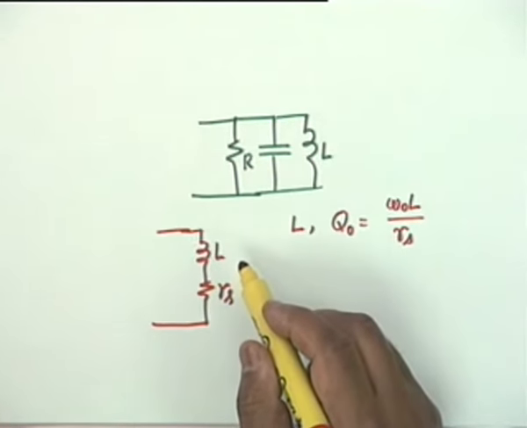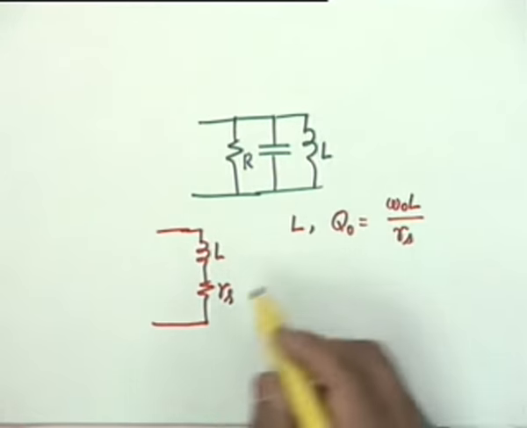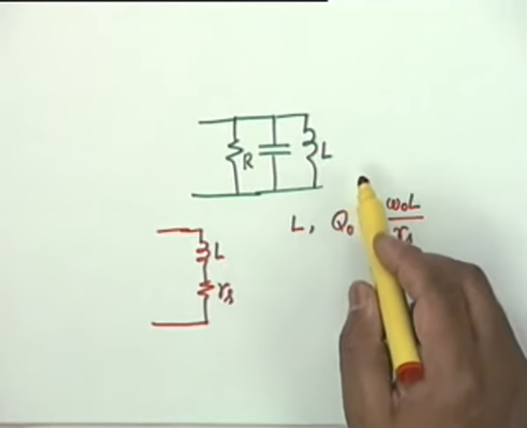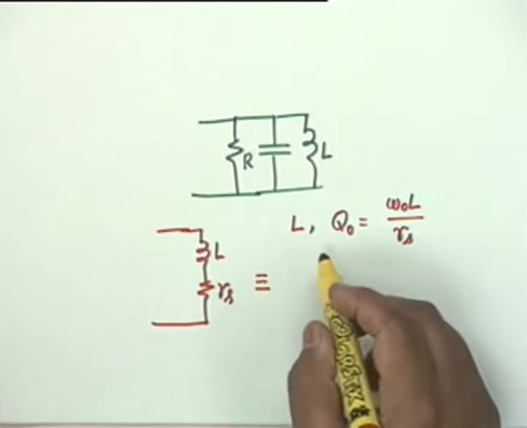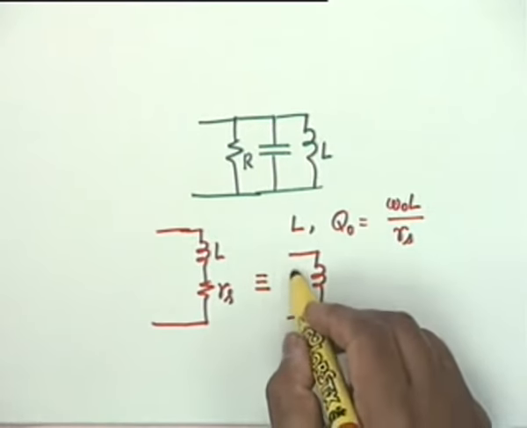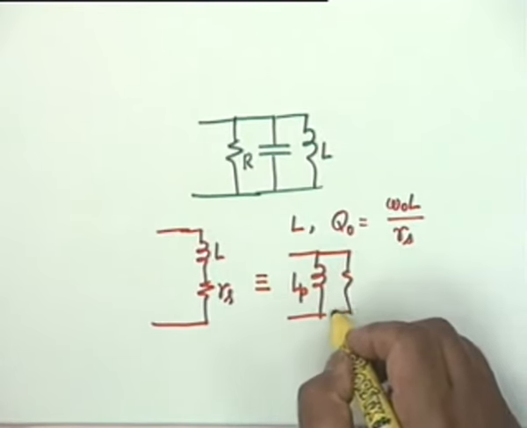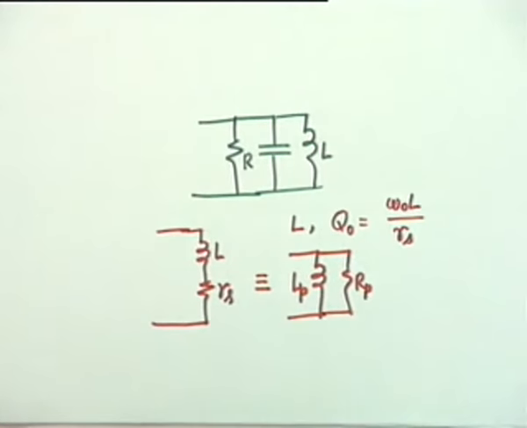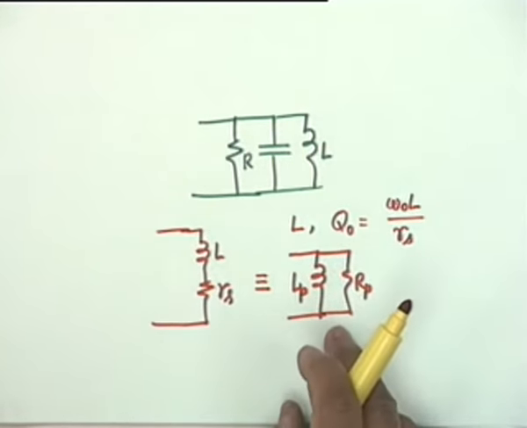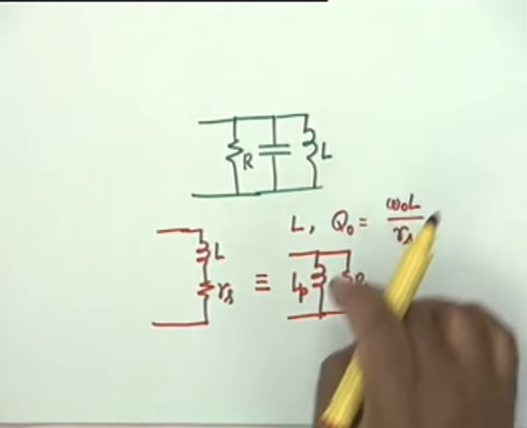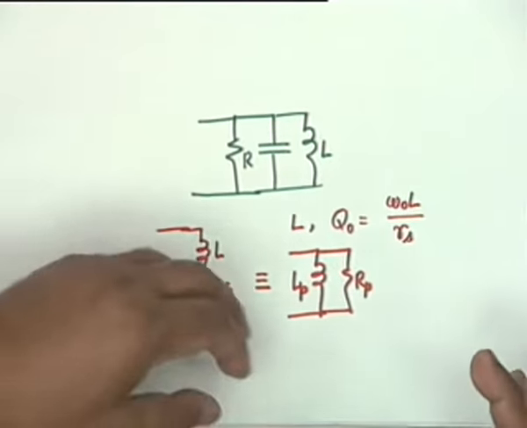The coil has an inductance and a value of Q. Now it would have been wonderful if this series combination could be replaced by a parallel pure inductance LP and a pure resistance RP. Obviously, in general, at an arbitrary frequency, you cannot do that, okay? But at a particular frequency, at the resonance frequency, this is possible to be done.